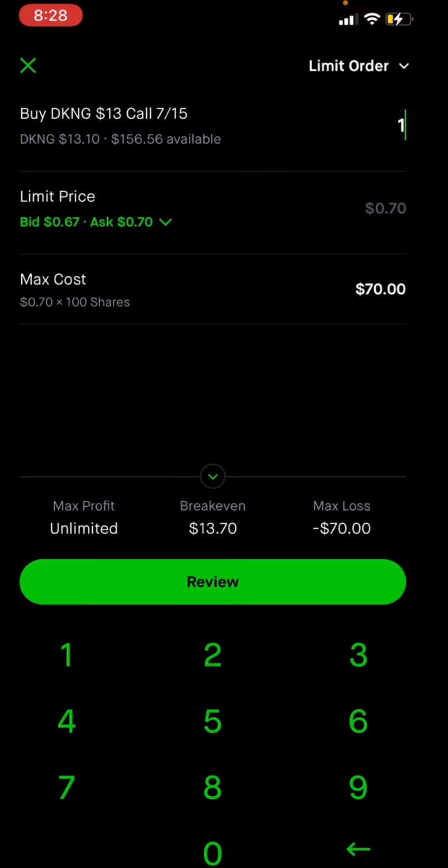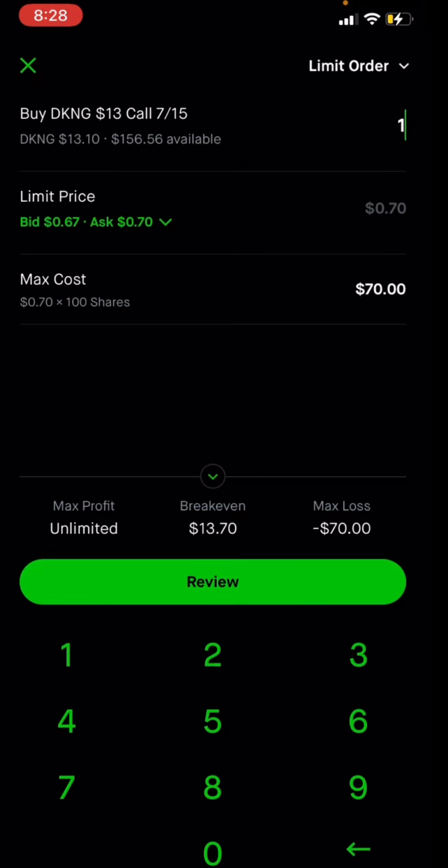So with this being 70 cents a share, and this being 100 shares in total, the overall price will be $70 for this option contract. Down low, you see the max profit is unlimited. You see the break even is $13.70. And you see the most that you could lose in this option is $70, right?